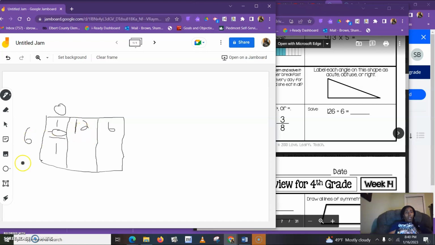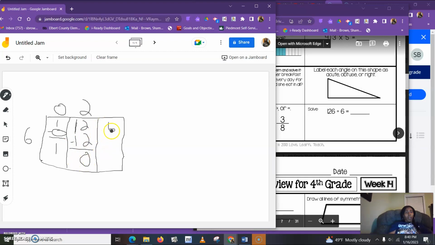Then I'll divide 12 divided by 6. And I know that I can get 2 groups of 6 out of 12 because 6 times 2 is 12. So 12 divided by 6 is 2, so that 2 goes up here. Then I multiply 2 times 6 and I get 12. Then I subtract. 12 minus 12 is 0.